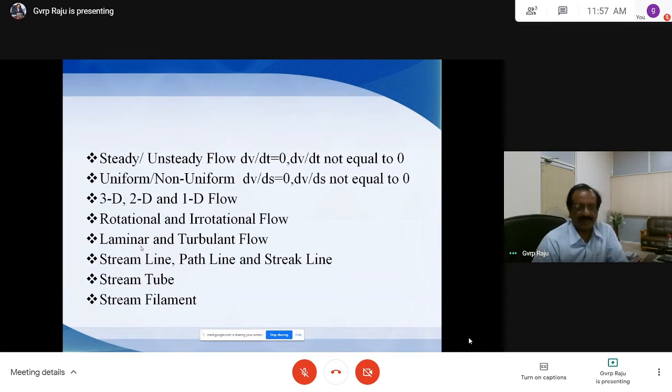Then the other one is turbulent flow. The name itself is very clear, turbulent.